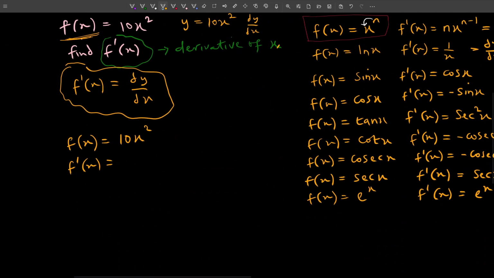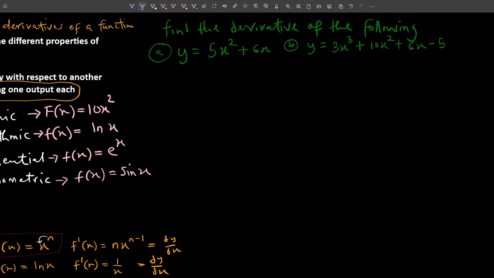The power is 2, so it multiplies the entire expression and it becomes 2x raised to 2 minus 1. That gives me 2x raised to 1, which is 2x.